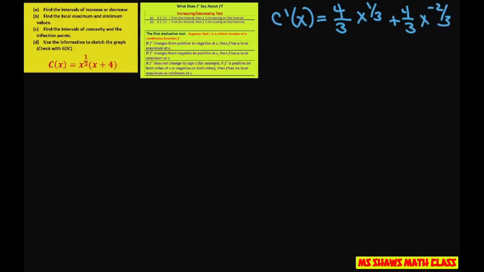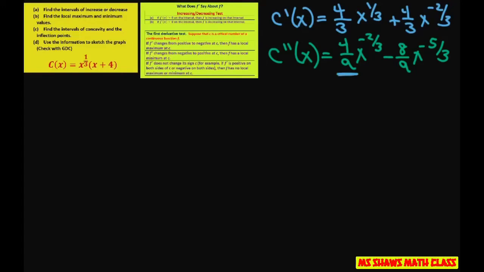Now let's do our second derivative, and that's going to give us 4/9 x to the negative 2/3 minus 8/9 x to negative 5/3. All right, and let's factor this out.